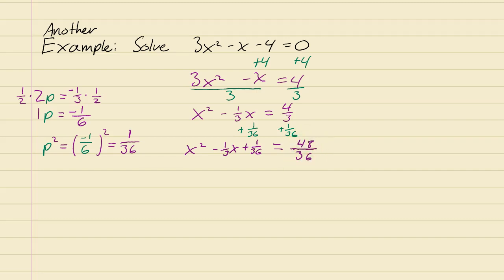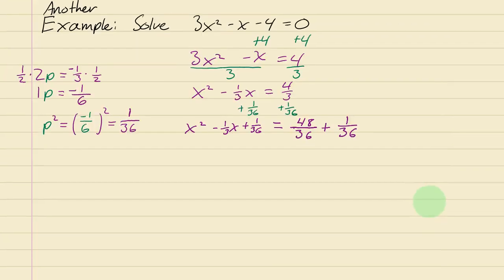So 48 over 36 is the same as 4/3. You've got that plus 1/36. And then you can just combine those to say that's going to become 49 over 36.